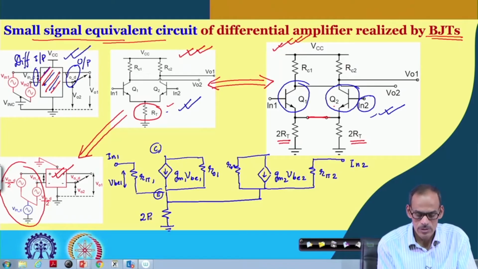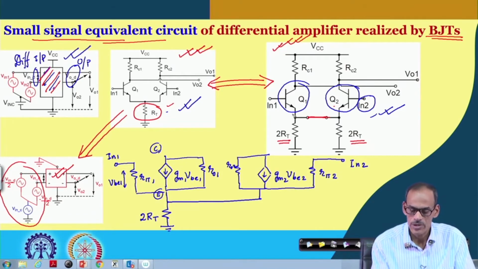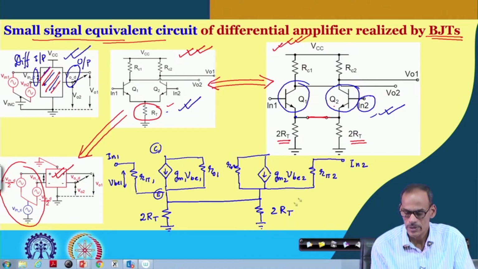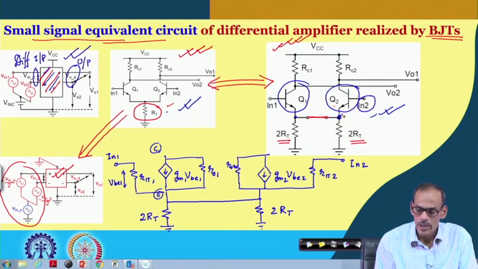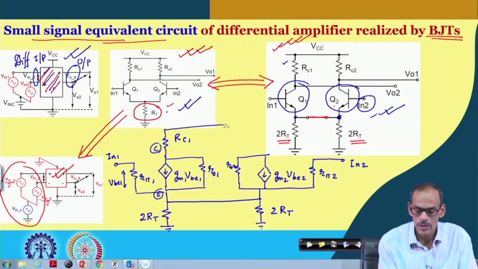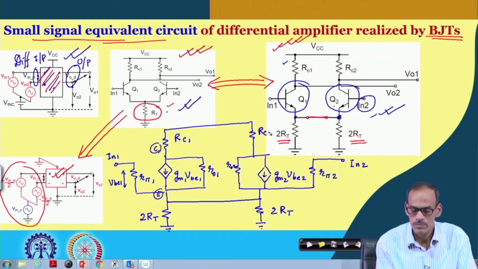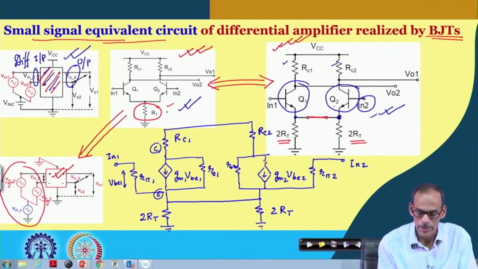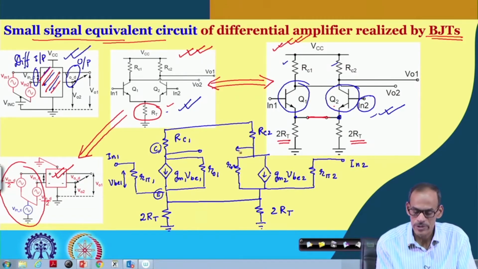One is 2 RT connected to the emitter of transistor 1, the other one is 2 RT connected to the emitter of transistor 2, and then we do have RC1, the load resistor here, and then RC2, which is the load resistor here, and then we do have output at this node, and also the output at this point.